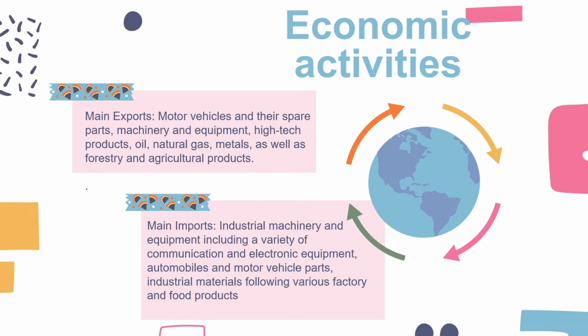The main exports are motor vehicles and their spare parts, machinery and equipment, high-tech products, oil, natural gas, metal, as well as forestry and agricultural products. The main imports are industrial machinery and equipment, including a variety of communication and electronic equipment, automobiles, and motor vehicle parts.